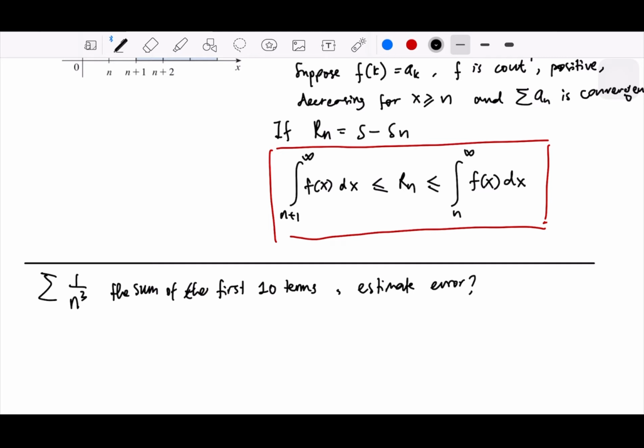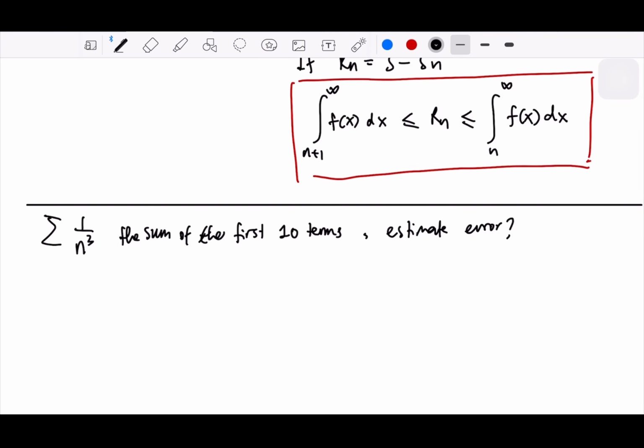Firstly, we can take the function as 1 over x cubed, because we know it's decreasing, a positive function, and a continuous function. We can set up the improper integral.